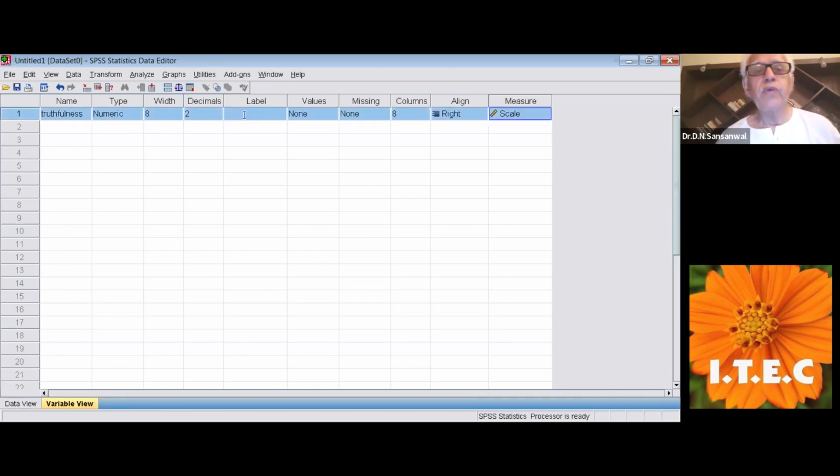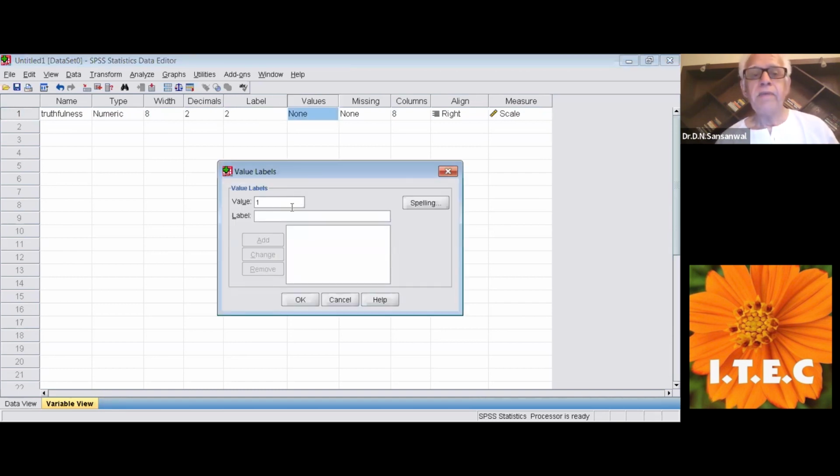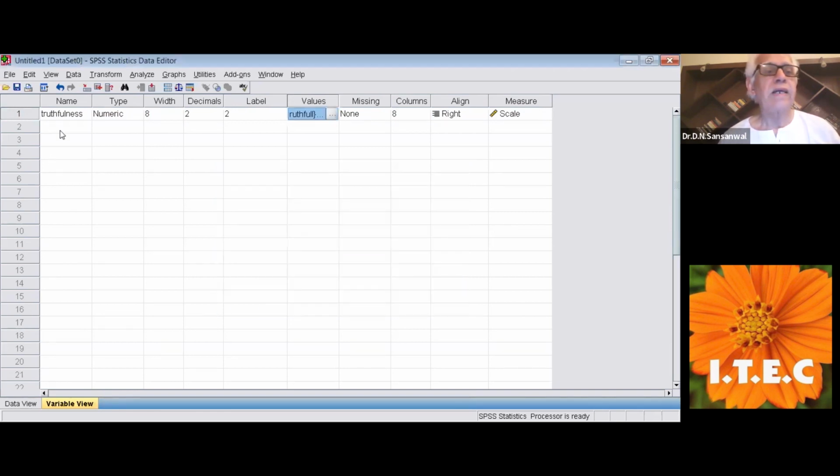So there are two levels. Number one is truthful, and number two is not truthful. And the second variable is politician.